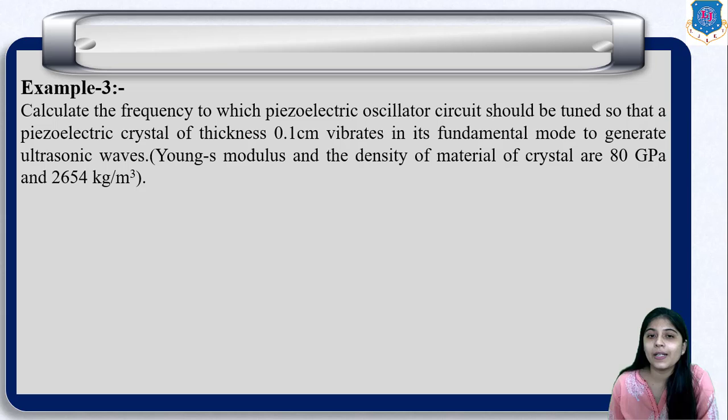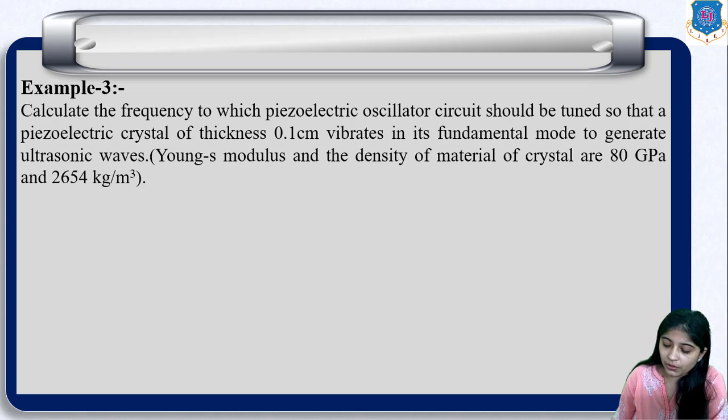Young's modulus and density of the material of the crystal are 80 gigapascal and 2654 kg per meter cube. So we need to find the frequency here. This is a numerical of the piezoelectric effect.